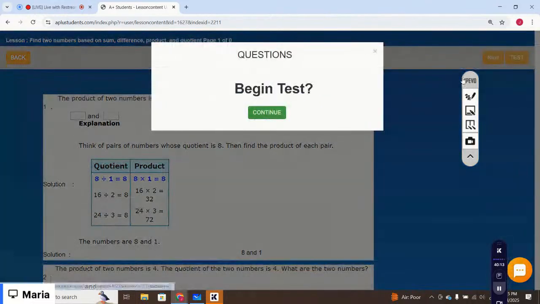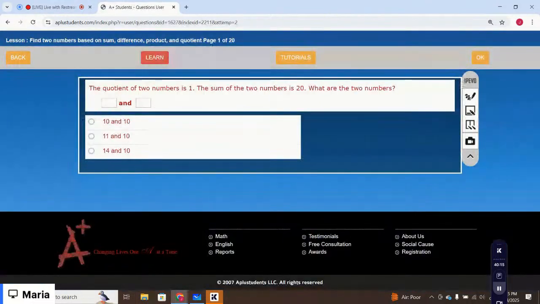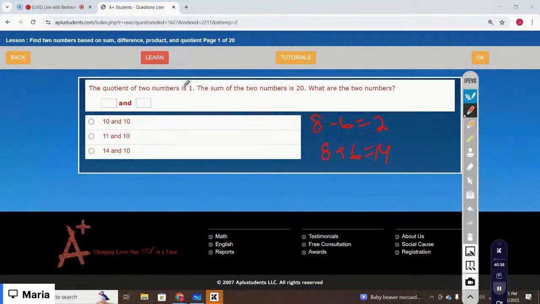Let's just start with the test questions. The quotient of two numbers is 1 and the sum of the two numbers is 20. What are the two numbers? Quotient means when you divide them, their answer must be 1.